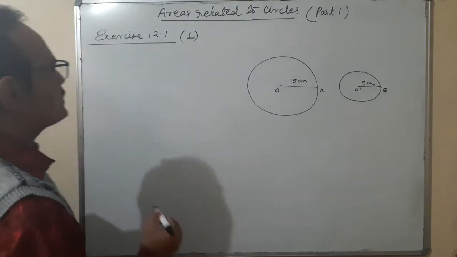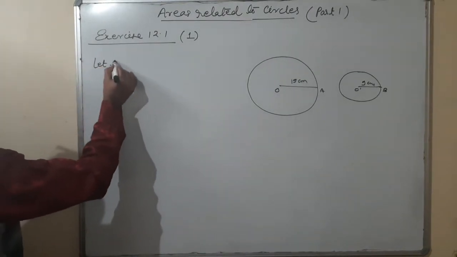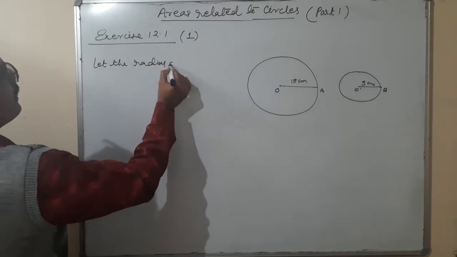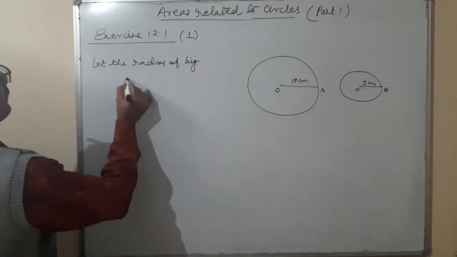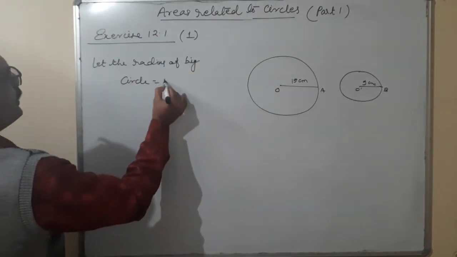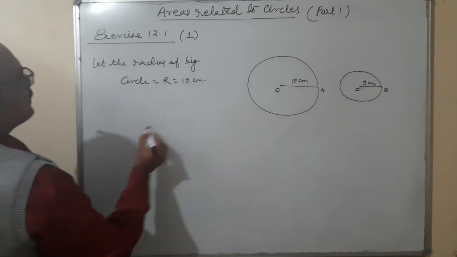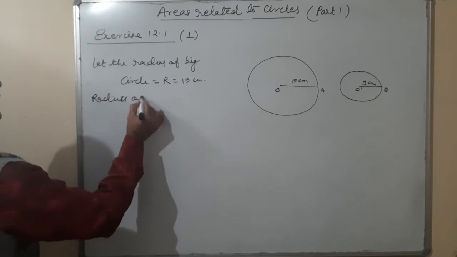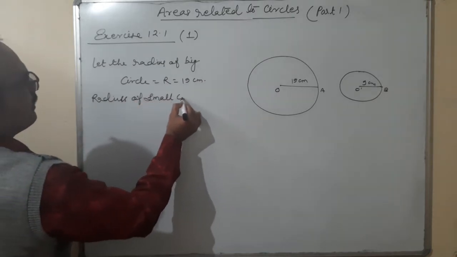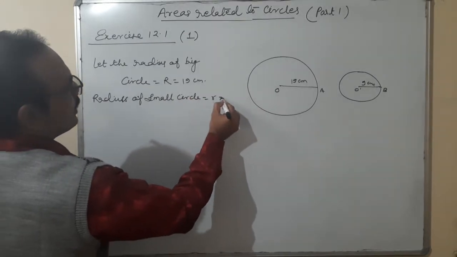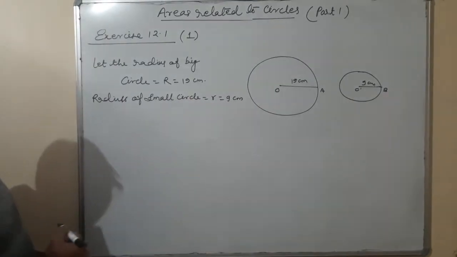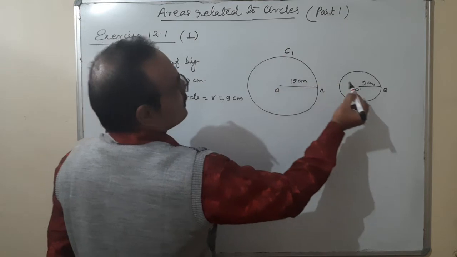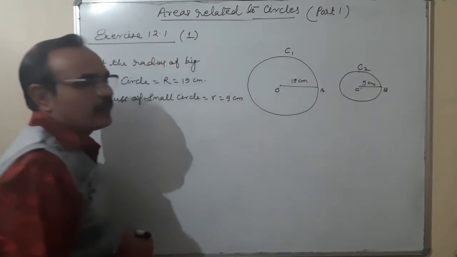Let the radius of the big circle be capital R is equal to 19 centimeter, and the radius of the small circle be small r is equal to 9 centimeter. And the circumference of the big circle is C1 and this is C2.